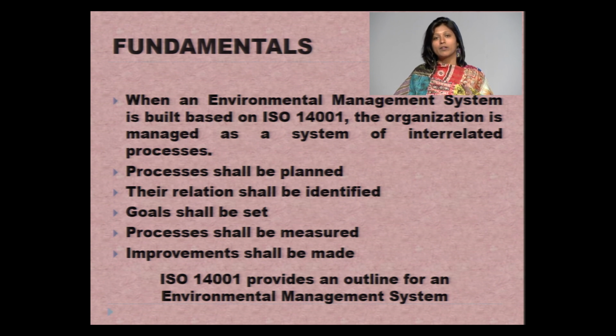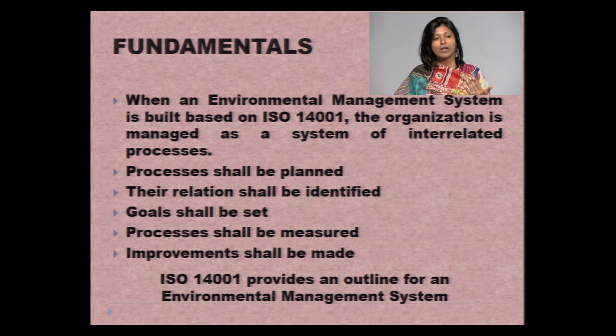Say the organization has a goal to not produce more than X cubic liters of wastewater per day. An organization can also set goals with regard to reducing its carbon footprint. So some type of goals have to be set.